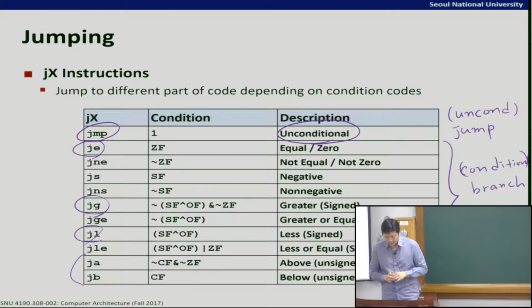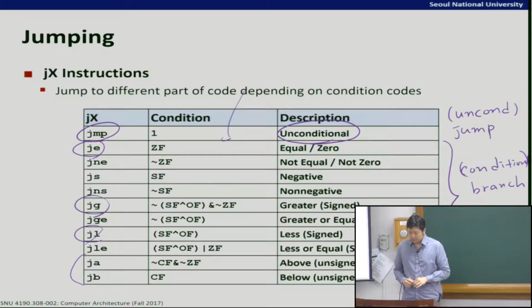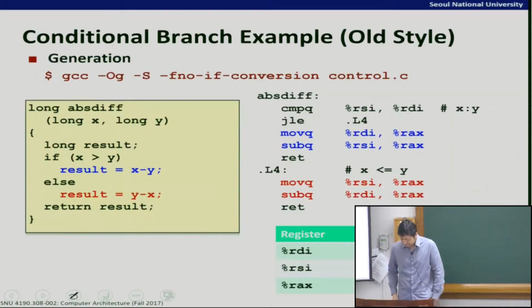That's the difference. All these conditions are shown in the second column of the table, so please take a look. Let's see how we can use those instructions to implement loops and if-then-else.